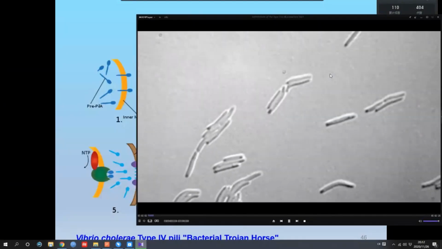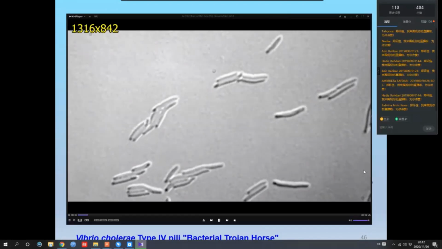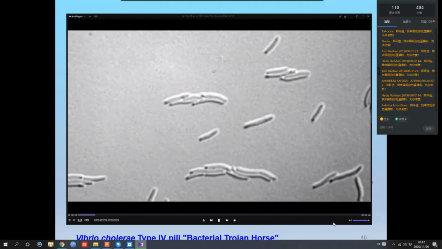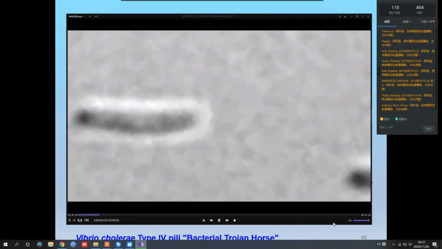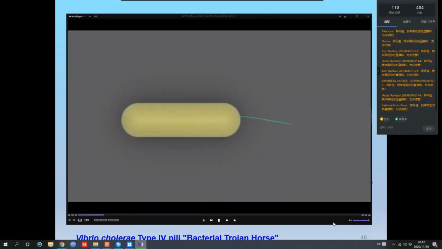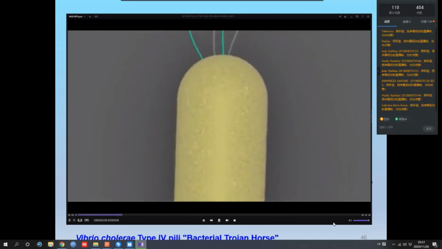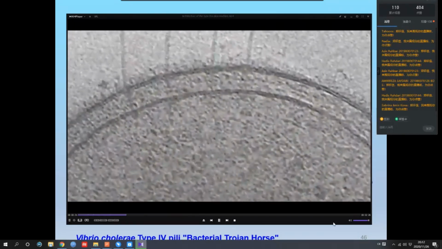As seen in this movie recorded with a light microscope, Myxococcus xanthus cells glide forward in a mode that has been called social motility. Social motility is driven by a molecular machine called the type 4 pilus, which projects forward, attaches to a cell or surface, and then retracts. Type 4 pili can be visualized directly in 3D in a near-native state through electron cryotomography.